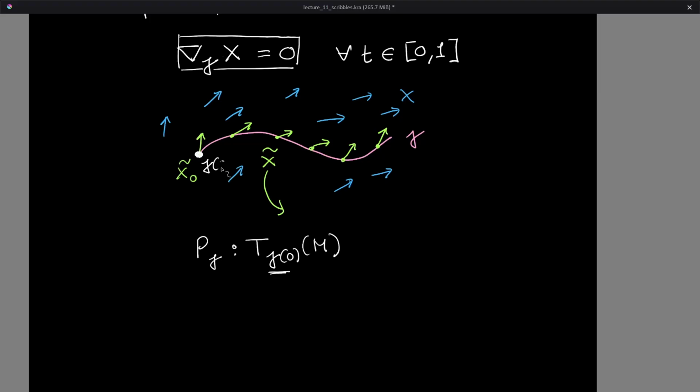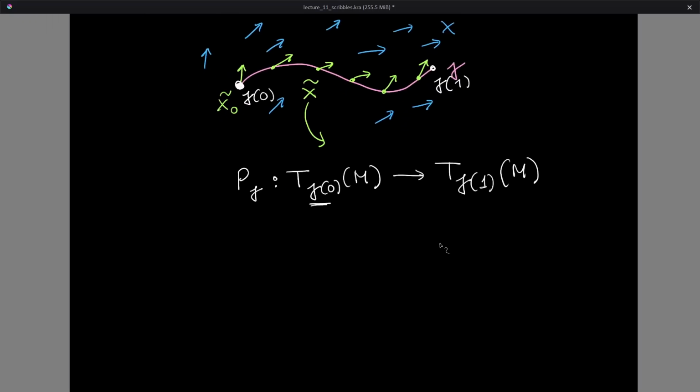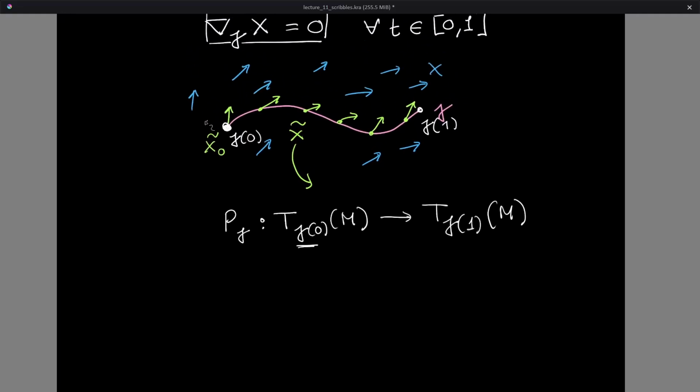That's gamma 0, and that's gamma 1, right? So what we're saying is it's going from the tangent space here at the initial point to the tangent space here at the final point, T gamma 1 of M. And so this is telling you how we parallelly transport. We can call this P, and we can call this Q. So this is a parallel transport from P to Q.